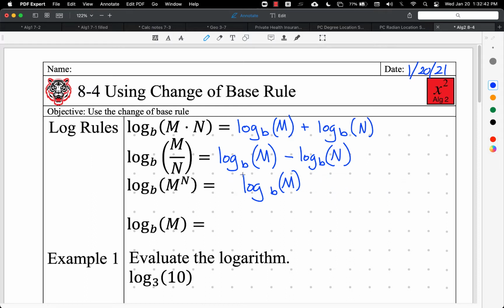But this piece was correct. You still have log base b of m. Help them out. Just put the n in front of the log base b of m. Yep, then we're done. The n just comes down in front. So everyone remember, this can come down in front.